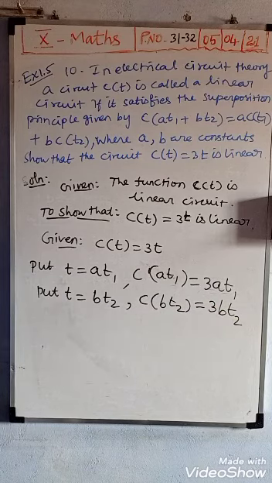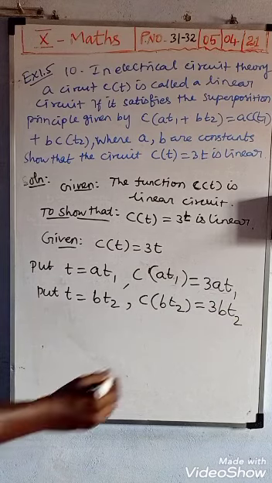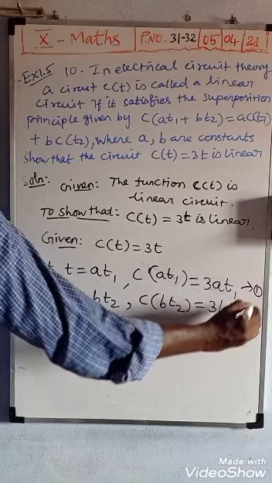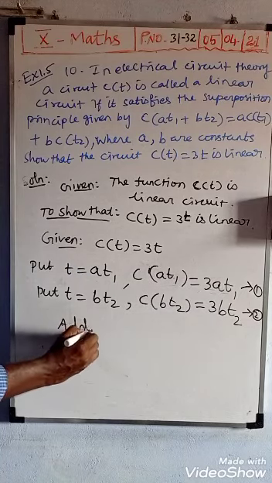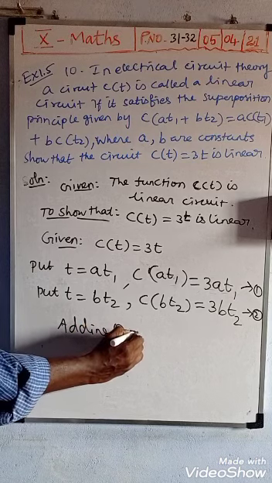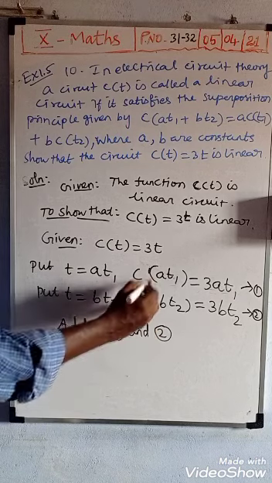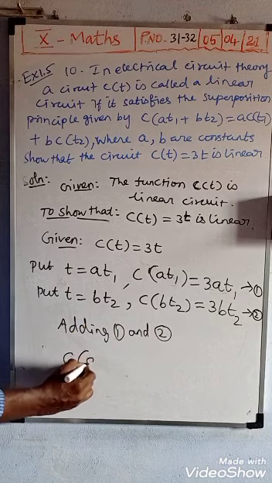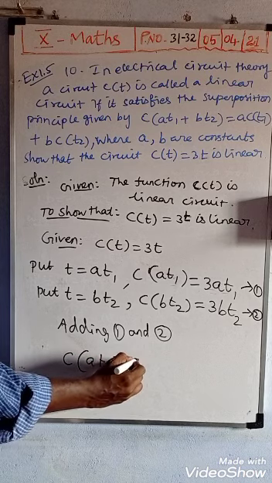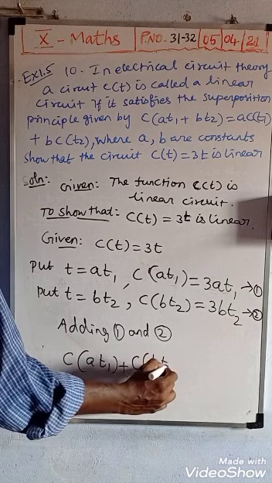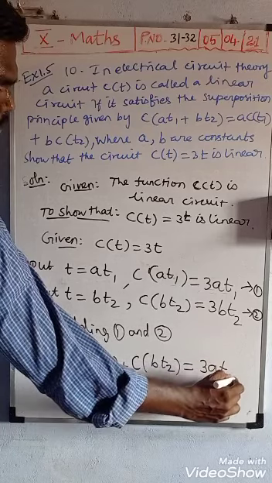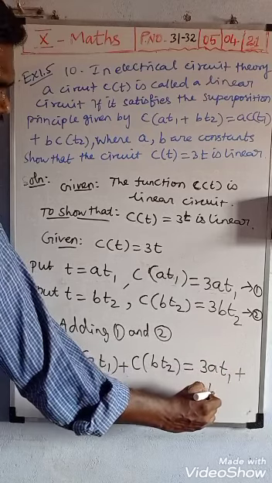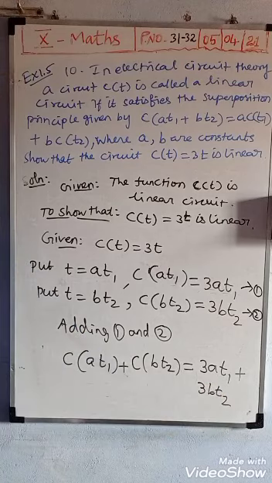Okay, so this you will get. Now both of these you should add, 1 and 2. So adding 1 and 2, on the left hand side add C of aT1 plus C of bT2 is equal to 3aT1 plus 3bT2.